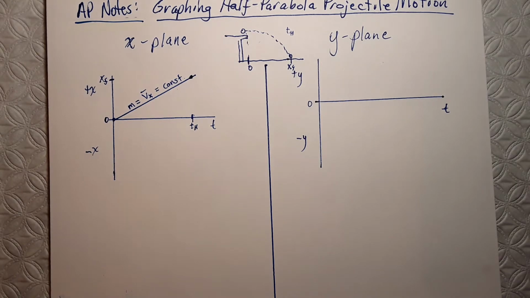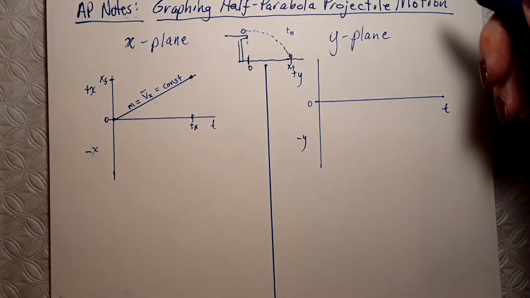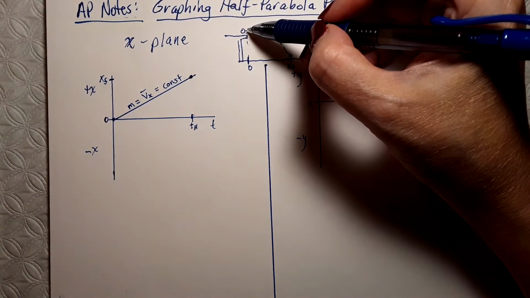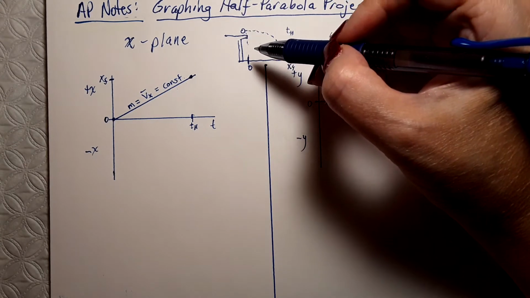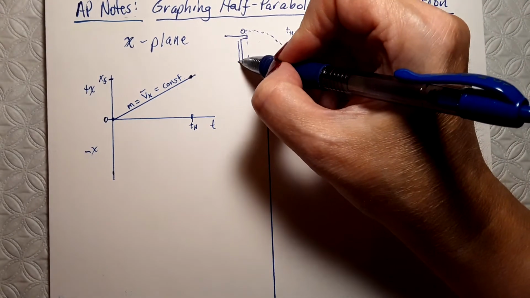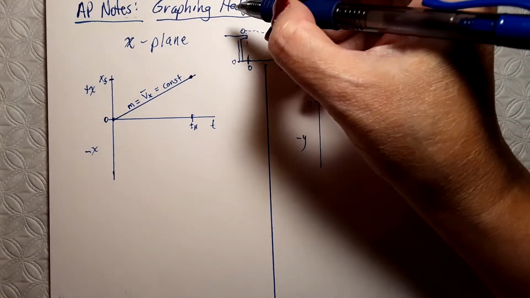All right, but how do we show the position in the vertical plane for the same projectile? Well, look at where the ball starts. It starts up here on top of the table, where I would normally take the 0 position to be on the ground.